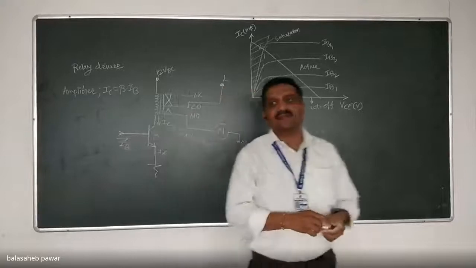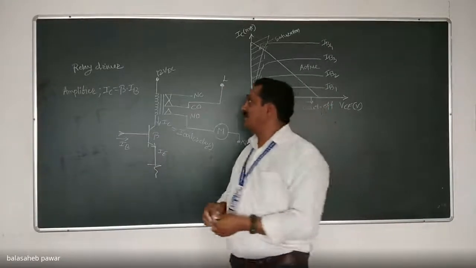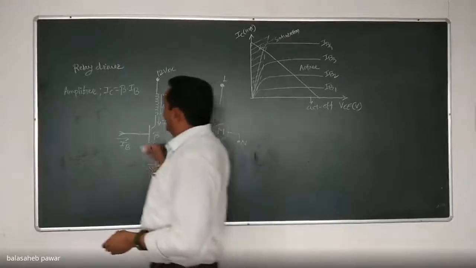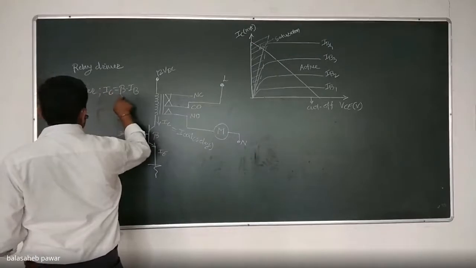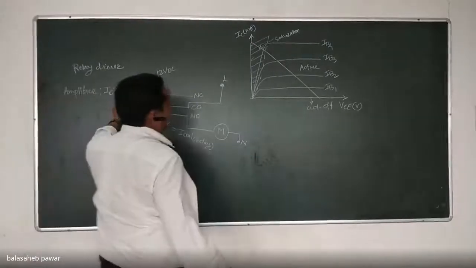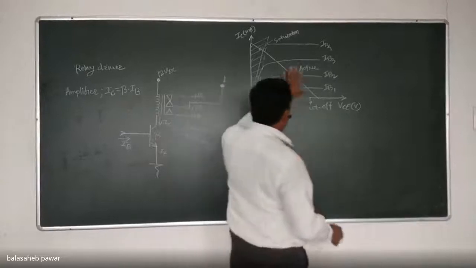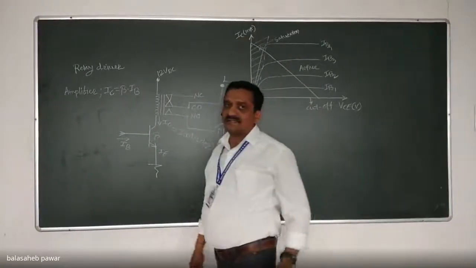So when we will adjust the output current, that is collector current, exactly equals to beta times of its input current, then we can say that transistor will go on to work in the active region, and that is nothing but as an amplifier, right?